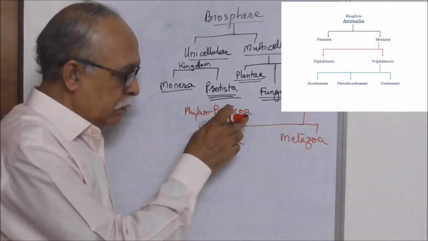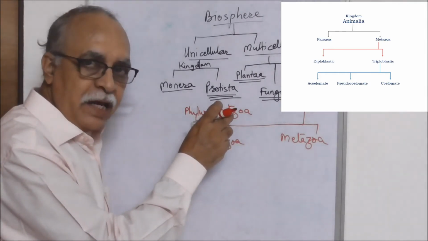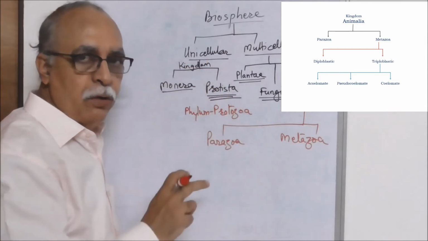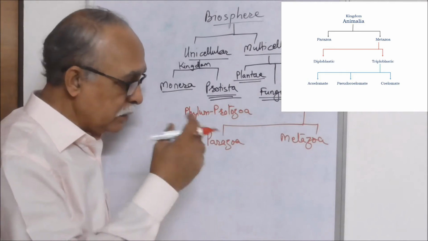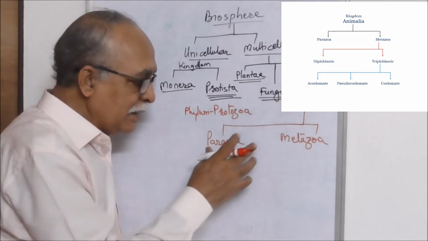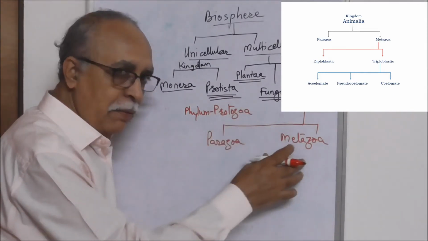See, Protozoa means proto is primitive, zoon is animals. So primitive animal-like unicellular organisms. Why animal-like, that we will consider in the later course of time. Animalia is separated into two subkingdoms, Parazoa and Metazoa.